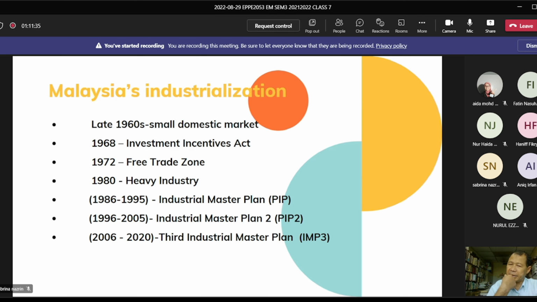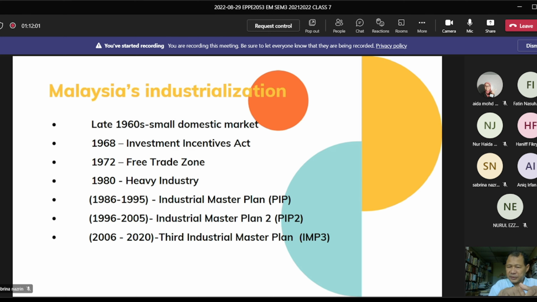And then the other one was the steel, Perwaja. Perwaja steel was one of the main items to complement the automobile.